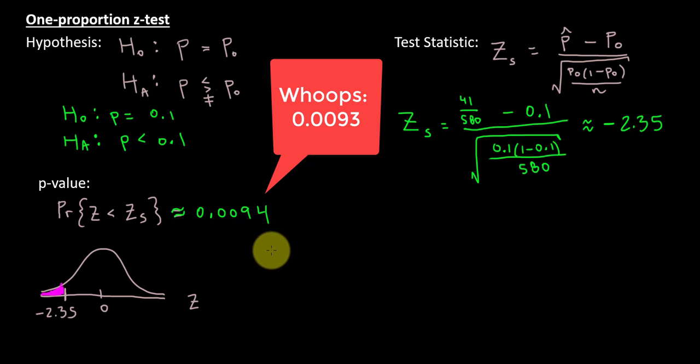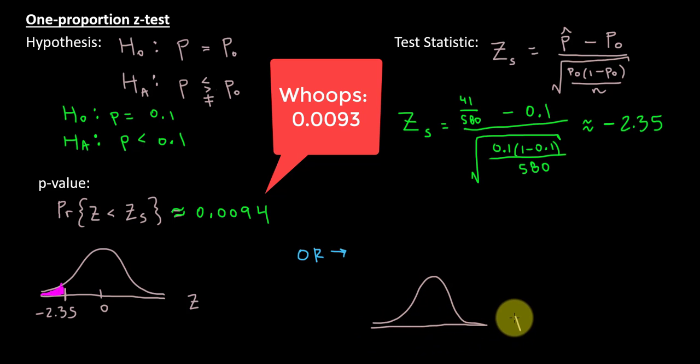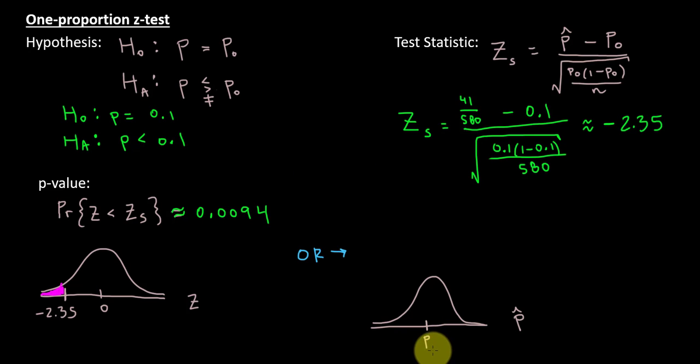And we'll state the conclusion in a moment, but I do want to show another way that we could have approached this p-value. Because we could consider not the standard normal distribution, we could have considered the sampling distribution of p hat, in which the center is p. We already reviewed that. So the center, 0.1.